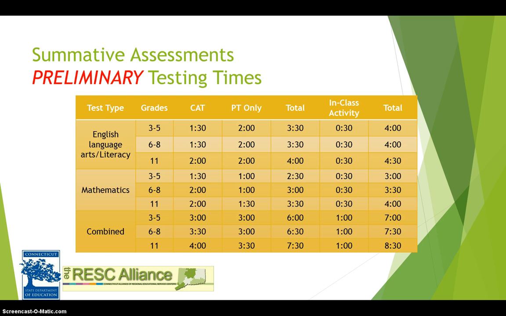Again, these are preliminary testing times. These are estimates of the maximum amount of time that students will be required to take the test, though in truth there are no real actual time limits set on the test.